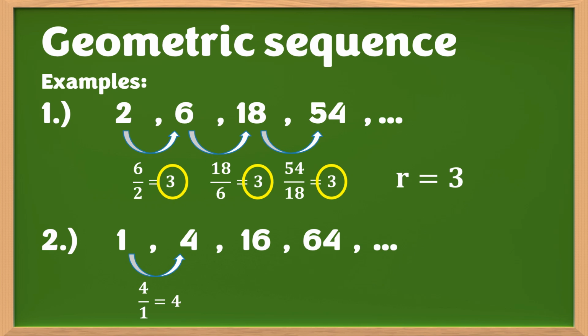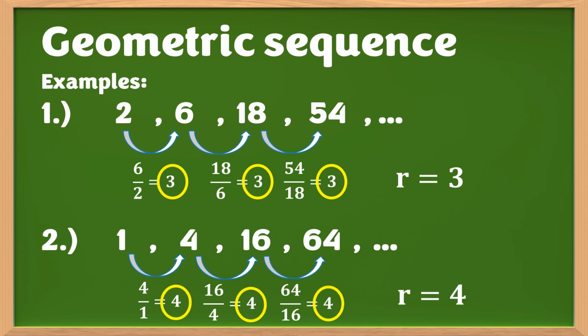Next is the third term and the second term, that is 16 divided by 4 is equal to 4. For the fourth and third term, we have 64 divided by 16 is equal to 4. Therefore, the common ratio of the given geometric sequence is 4.